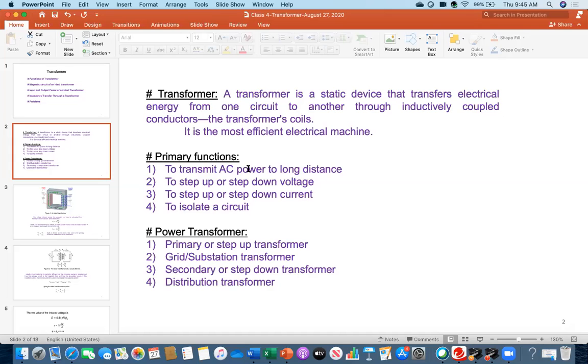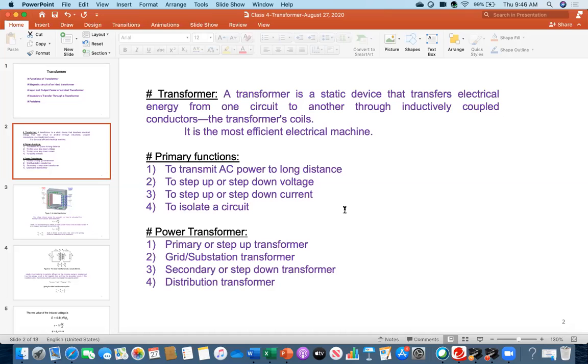So what are the primary functions? First, to transmit AC power over long distances. If you develop voltage, for example, in the range of 11,000 volts, and at your home the requirement is 120 volts for a single phase system, there will be a drop. That's why you have to put in a transformer, because a transformer can step up or step down the voltage, current, or power level.